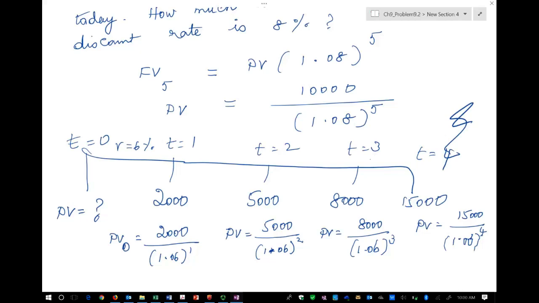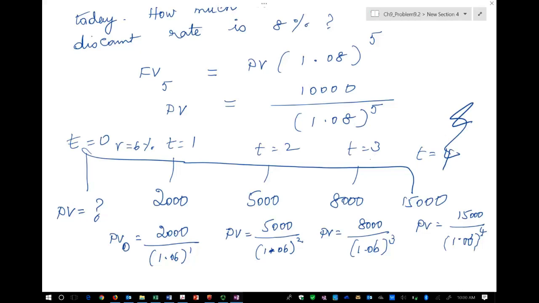This is the exact principle that you will apply when you are valuing a home or anything like that. If your rental income is this much each month and this is your cost of borrowing for the home, if you discount at that rate, what is it worth today?